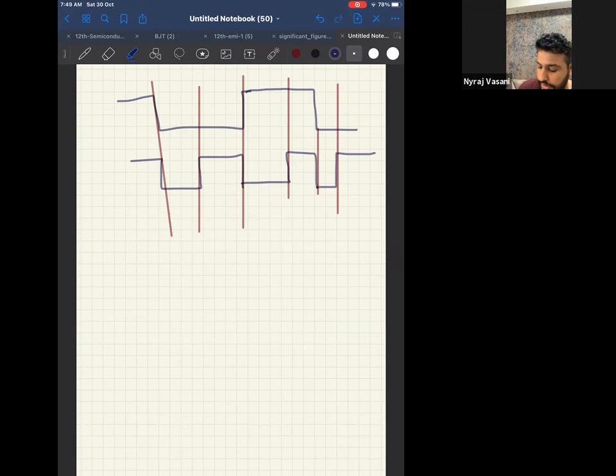This is the question given. This is A and this is B.